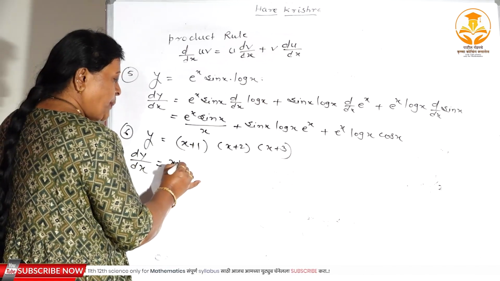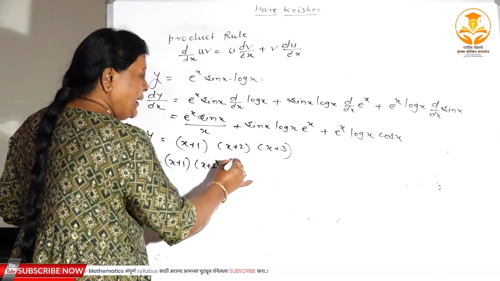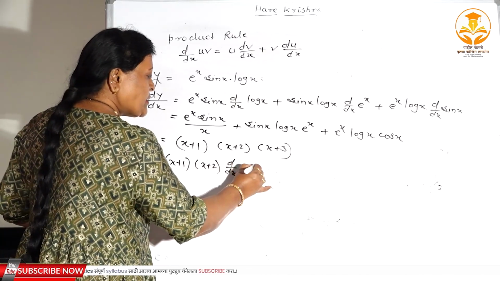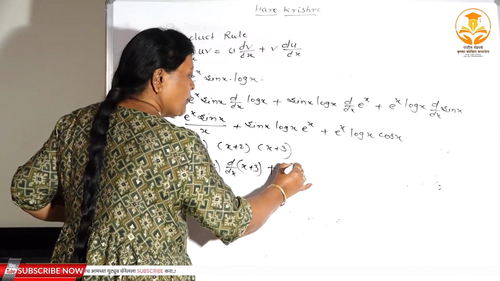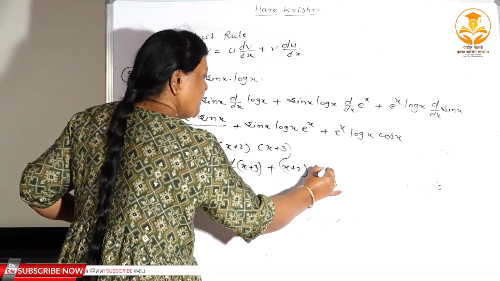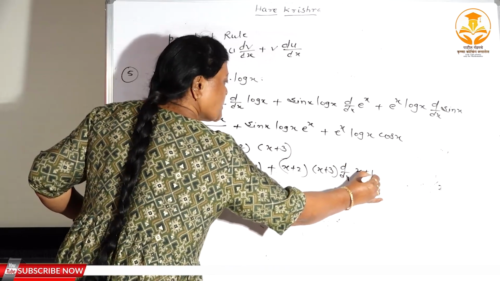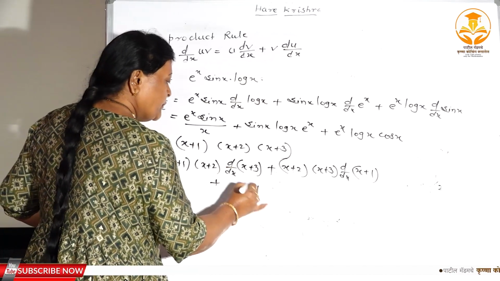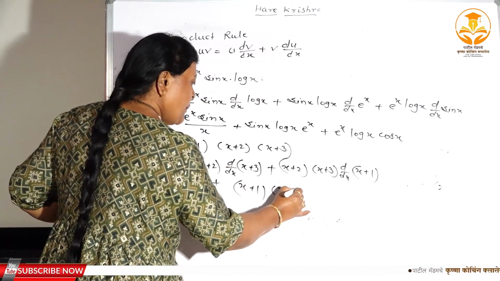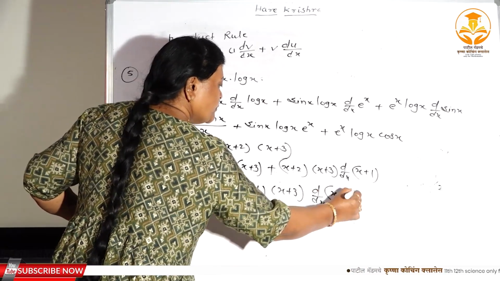Now here x plus 1, x plus 2 remain as it is, d by dx of x plus 3, plus x plus 2, x plus 3 remain as it is, take the derivative of x plus 1, right, plus x plus 1, x plus 3 remain as it is, take the derivative of x plus 2.